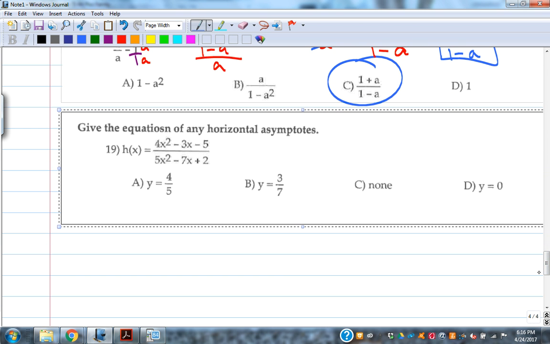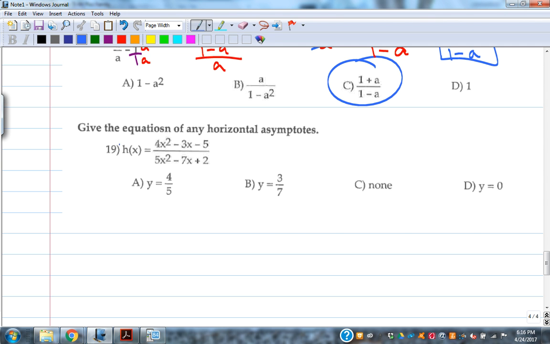Horizontal asymptotes exist when the degree of the top is less than the bottom, or they're the same. What are these? The same degree. There's an x squared on top and x squared on bottom, so it's the same. The ratio of the leading coefficients is going to be your horizontal asymptote at y equals 4 over 5.